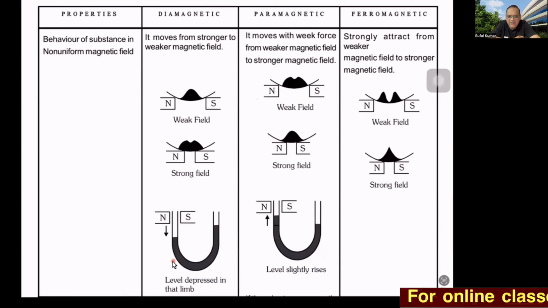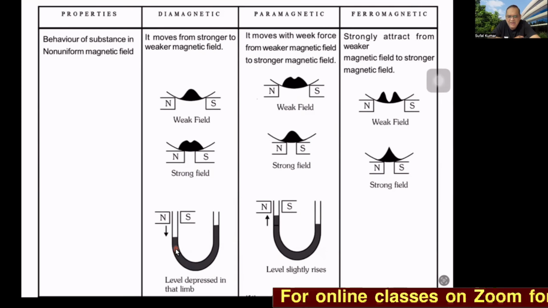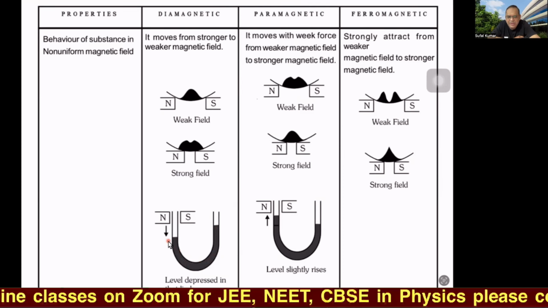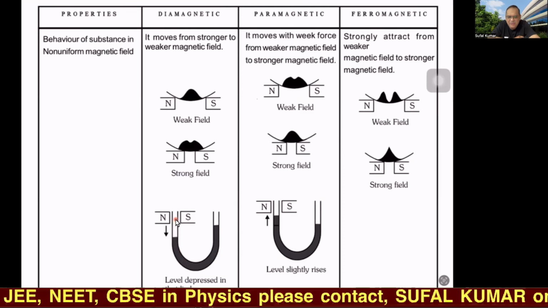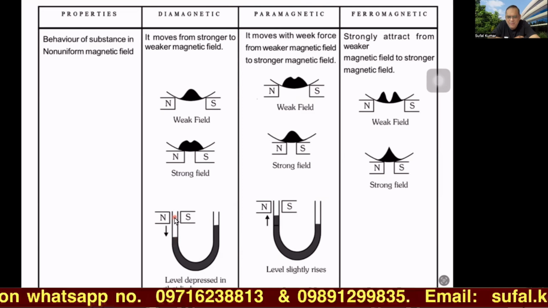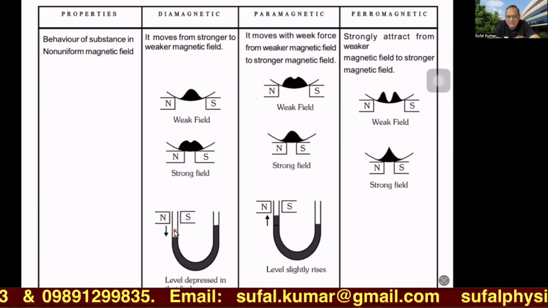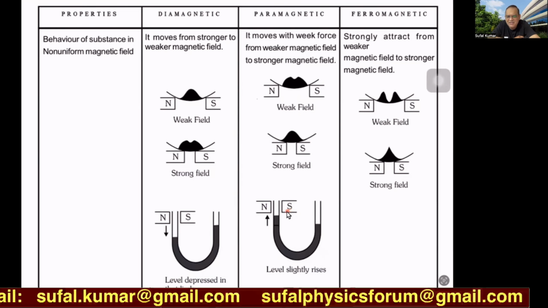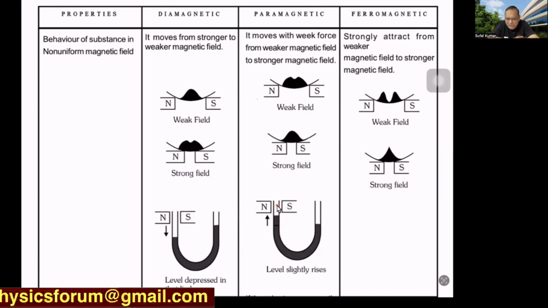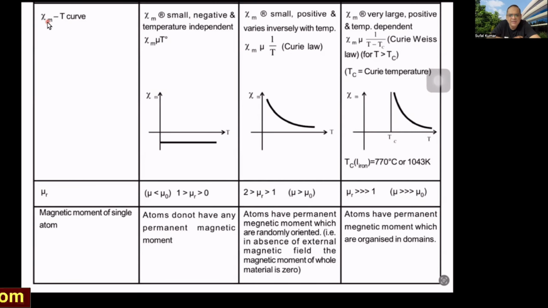Then when we have any diamagnetic liquid in a U tube, this diamagnetic liquid will have a tendency to go away from the stronger field, whereas for paramagnetic substances, this liquid is approaching towards the stronger field, right? Then the chi-m versus T curve, that means graphical analysis.